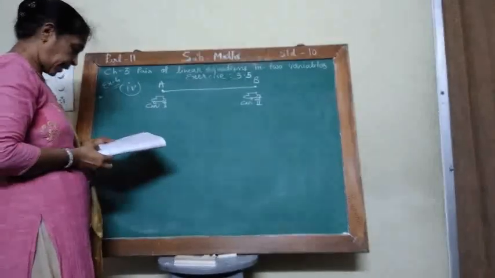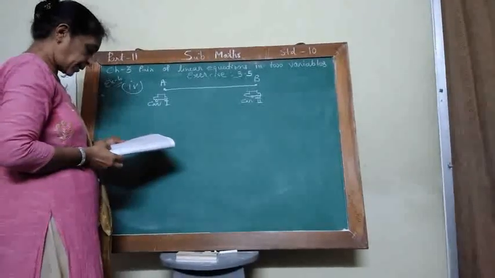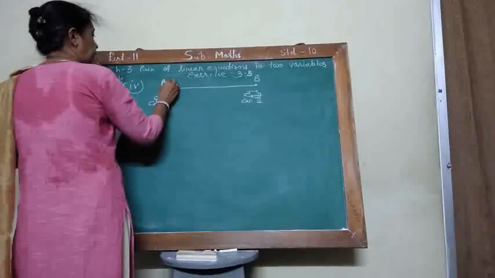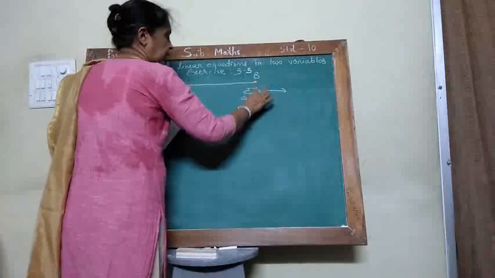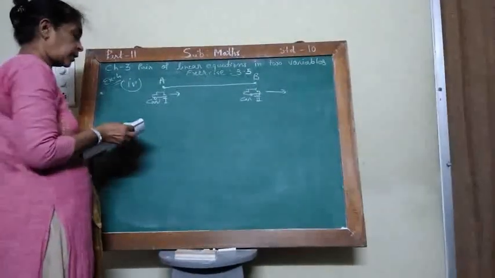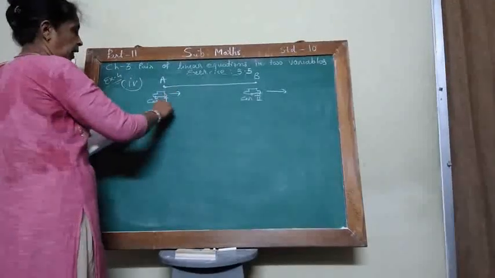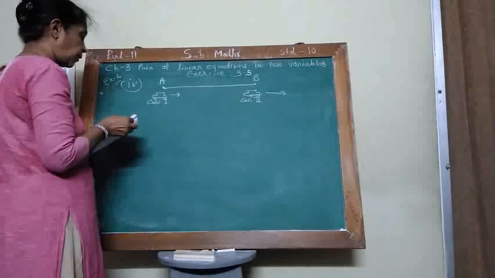And they say that if the cars travel in the same direction, this car in this direction, at different speeds, they meet in 5 hours.